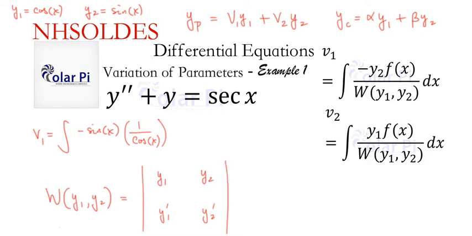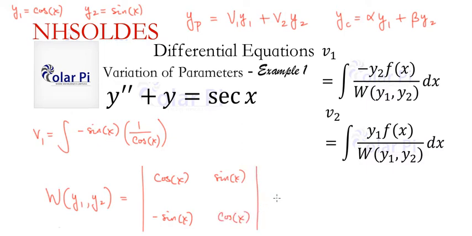It's this determinant. Well, we know what y1 and y2 are, so we can get y1 prime and y2 prime. y1 is cos x, so y1 prime is negative sin x. And then y2 is sin x, so y2 prime is cos x.